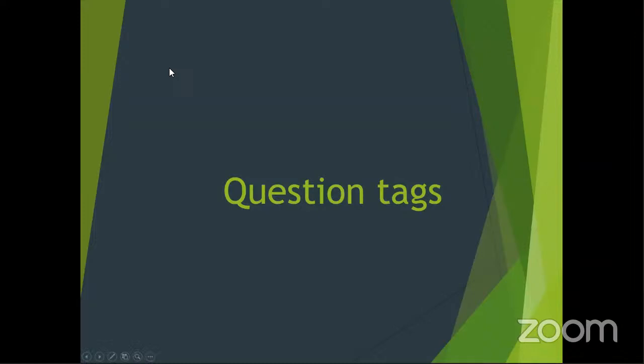Okay, guys, in these 10 minutes, once again, we're going to study question tags. Okay, so don't confuse. This is pretty similar to the other one. The previous structure, in our language, is translated yo también, ni yo. Question tags are different. The structure is different. This, in our language, means cierto, verdad.